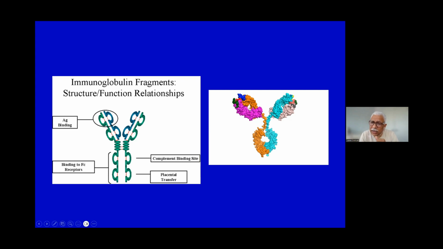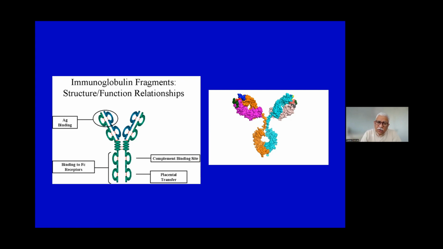When they come together inside the cell to form a collective protein, they form structures at the junctional region called complementarity determining regions, which, as you can see on the left side, are the antigen binding site of the antibody. The tail of the antibody, the straight line of that Y, is the Fc receptor binding portion.